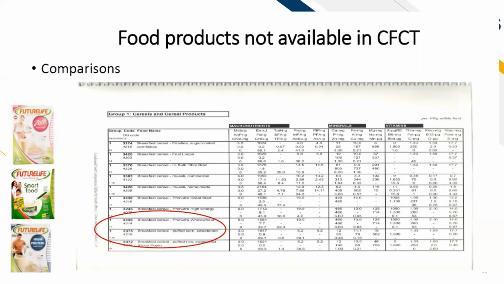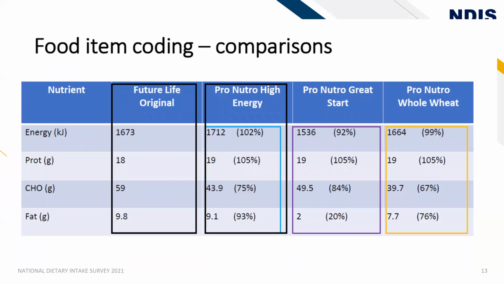Those are the 3 ProNutros that are available in the food composition tables. And if you look at your macronutrients, so if you look at energy, protein, carbohydrates, and your fats, you then compare between the 3. You take the 3 ProNutros that were circled in the previous slide, and you compare their macronutrients with the Future Life original macronutrients.